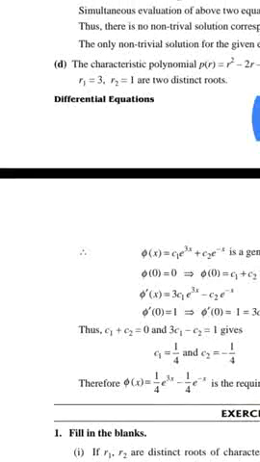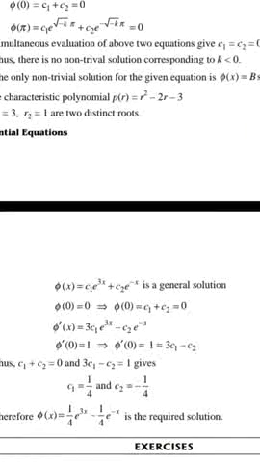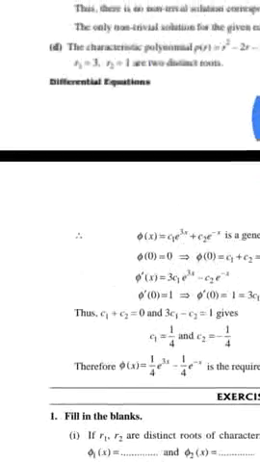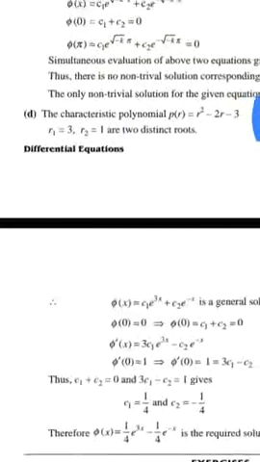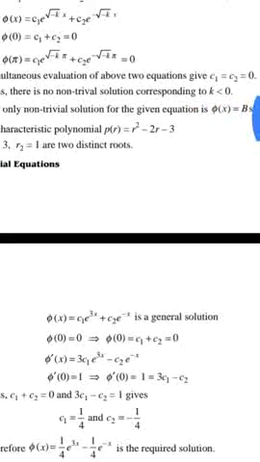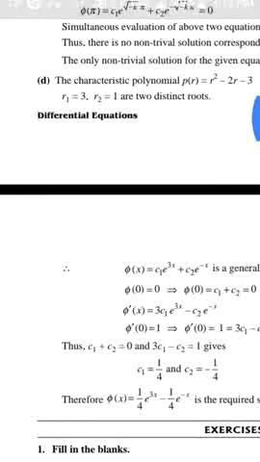Thus there are no non-trivial solutions corresponding to k less than 0, and the only non-trivial solution for the given equation is phi of x is equal to b sin of square root of kx.